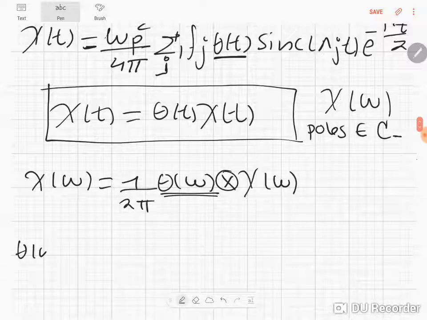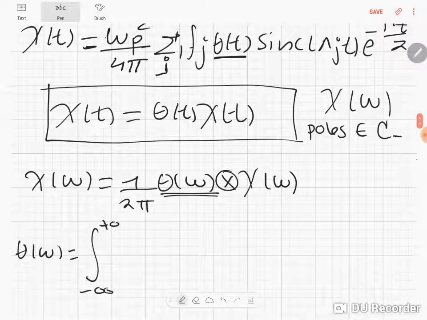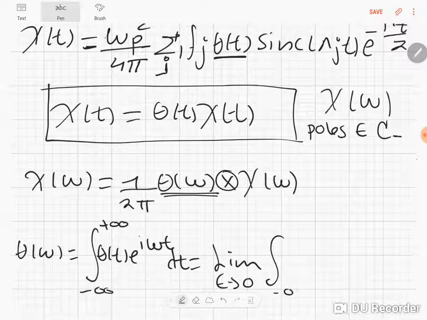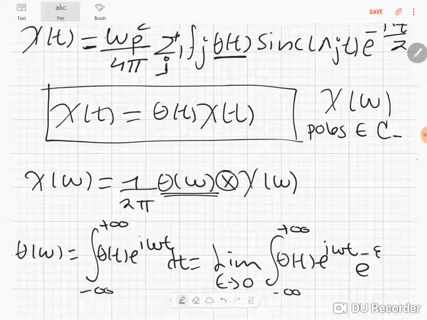Theta of omega is the integral from minus infinity to plus infinity of theta of t e to the I omega t dt. We introduce some convergence constant epsilon that tends to 0, and then we rewrite the integral in the following form: theta of t e to the I omega t e to the minus epsilon t dt.